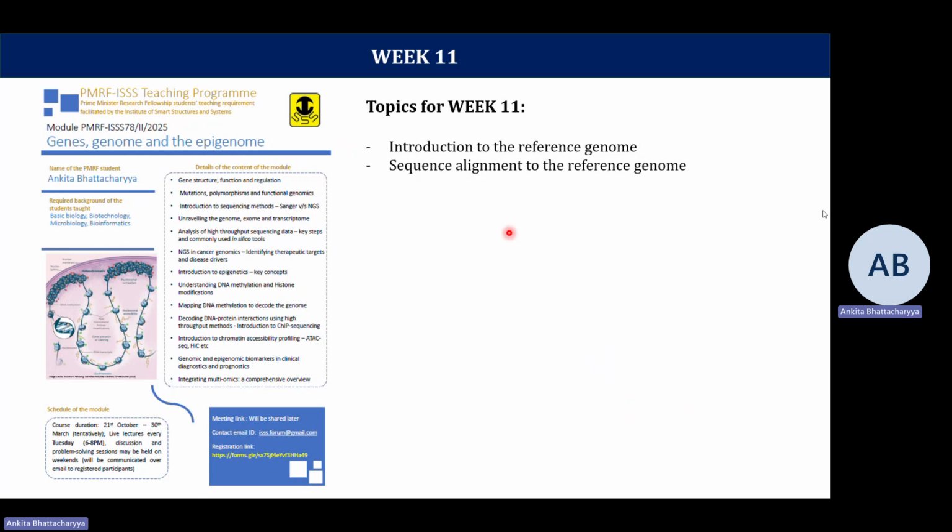And then we'll move on to DNA-protein interactions, the techniques that are used commonly in the lab, and how you can convert them to high-throughput methods, and so on and so forth. We'll take it onwards from that point. So today we'll keep our new discussion a little brief, and we'll mainly stick to revision of these older topics so that it's fresh in everyone's minds before our discussion next week.